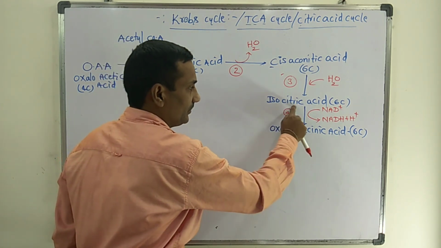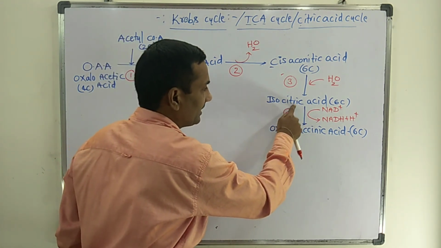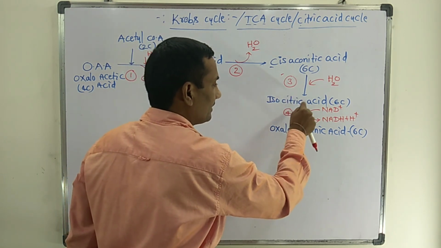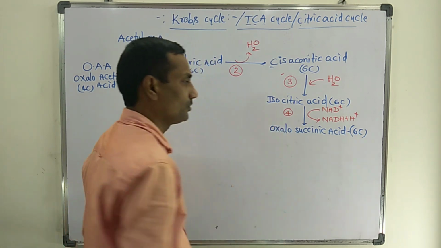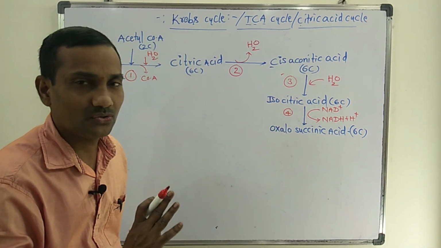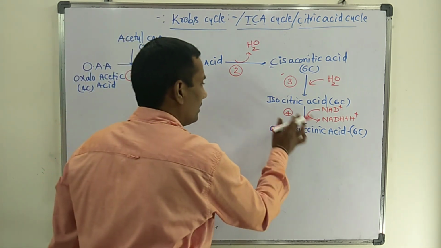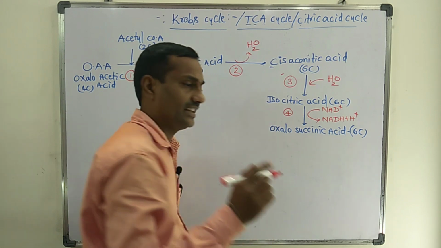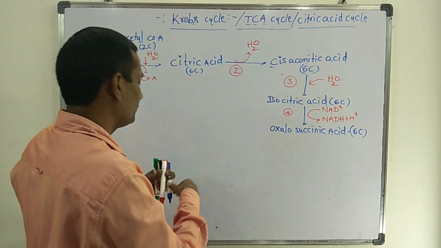The name of the substrate is the basis, so it is easy to remember. Isocitric dehydrogenase helps in conversion of isocitric acid to oxalosuccinic acid. But the number of carbons has not changed, so no change from here to here. After the fourth step, oxalosuccinic acid is formed, which also consists of 6 carbons.